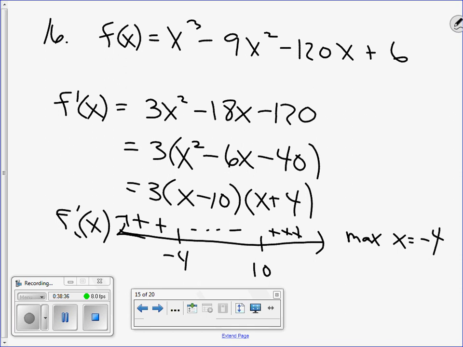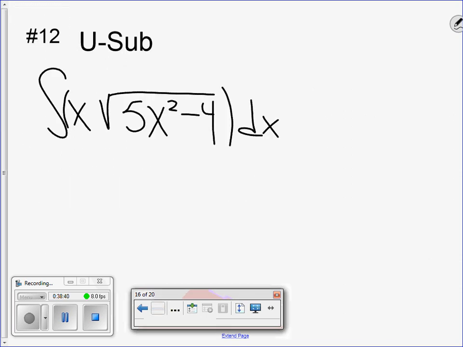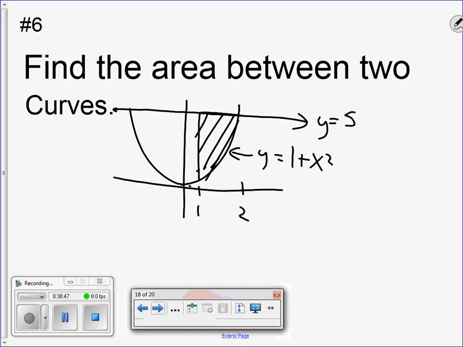Okay, the other three, if I were you, I would look at u-substitution, like number 12, something like that. And number 6, area between graphs. Area is either going to be y top minus y bottom, or x right minus x left, the dy. Right? And one more.